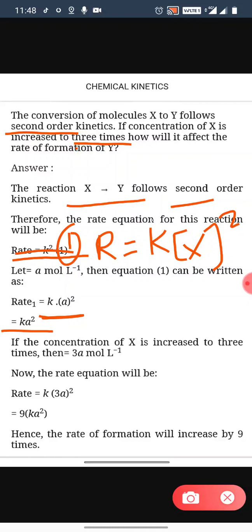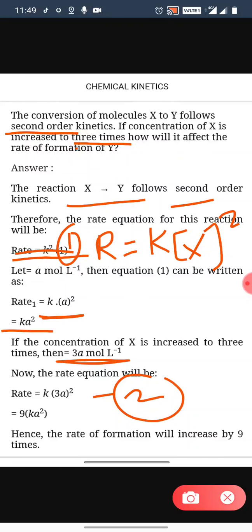Now when the concentration is increased to 3 times, the new value of the concentration will be 3A. Now again, formulating the second equation, the rate can be written as R is equal to K into (3A) whole square.